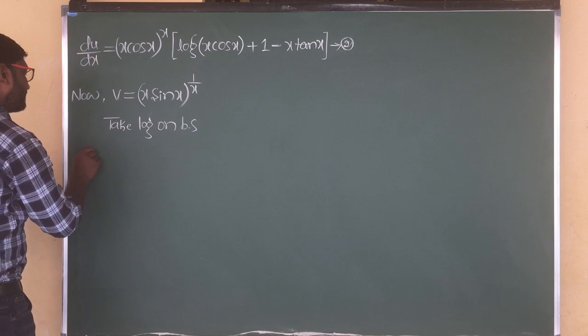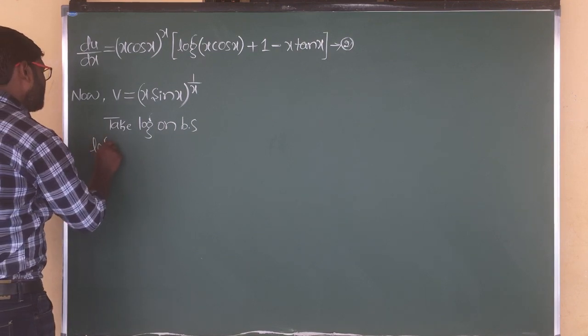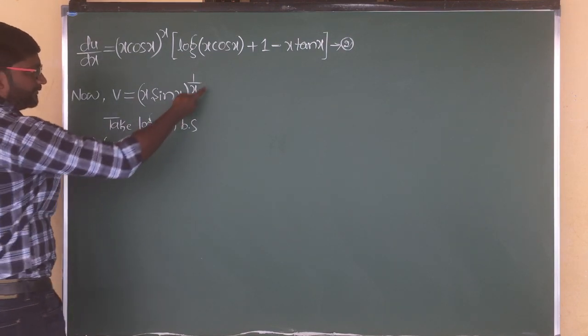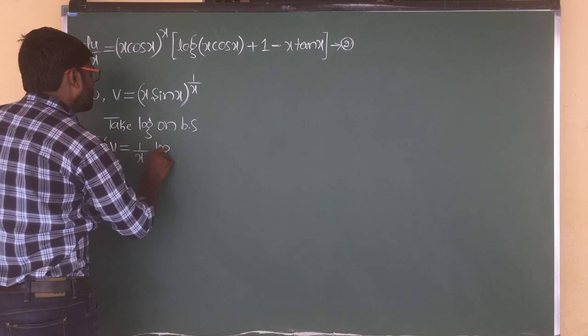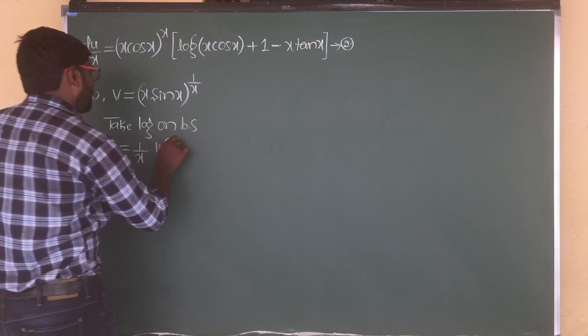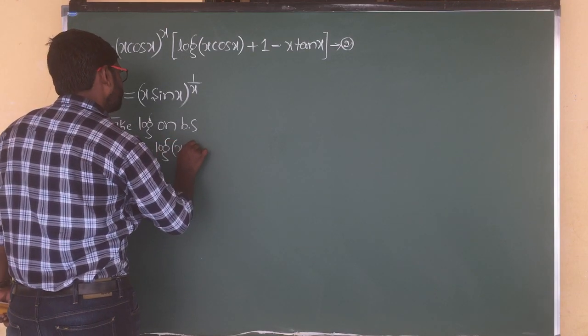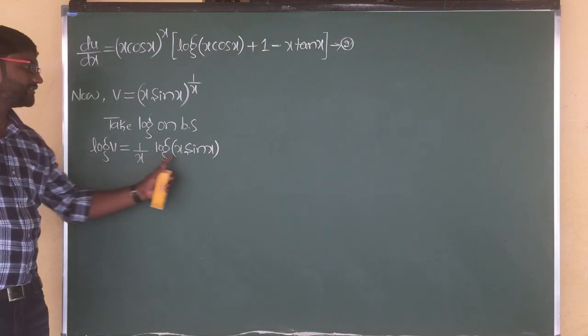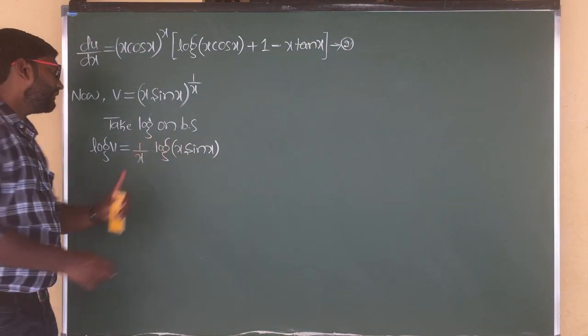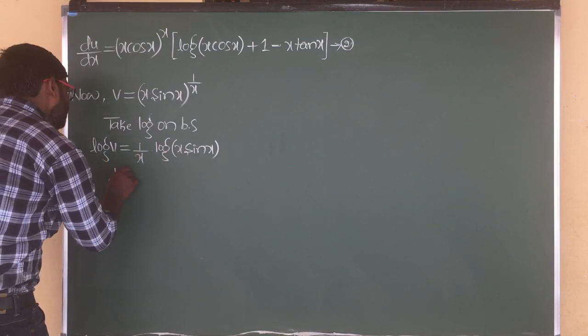Now we get log v is equal to, if we take log, this comes in the beginning, 1 by x into log of x sin x. So now we have to differentiate both the sides with respect to x.